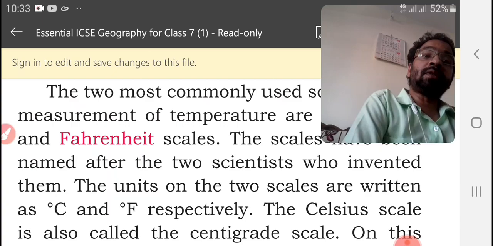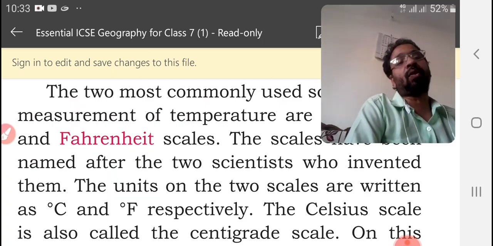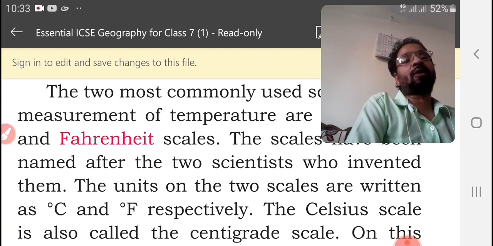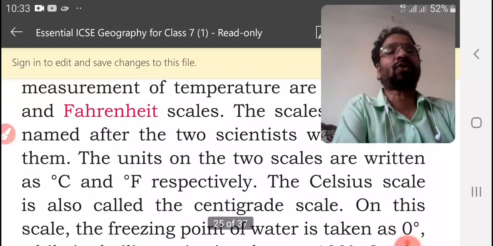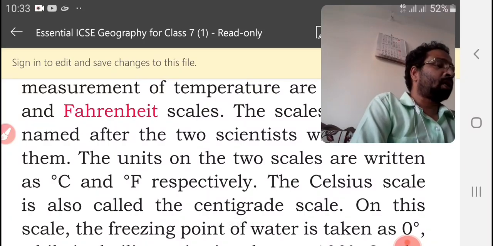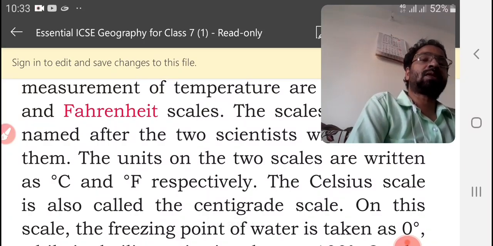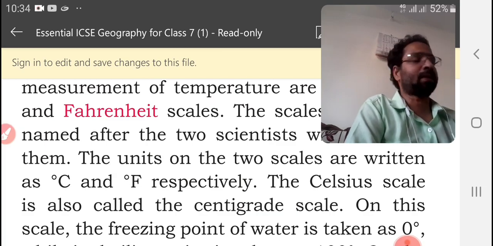And why do we fill this narrow thin glass tube with mercury or alcohol? Because this liquid will expand more than glass when temperature increases, and it will contract when temperature falls. It will not stick on the wall of the glass. That is the reason behind it.